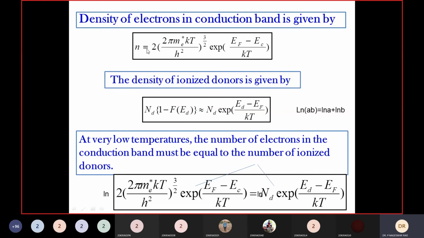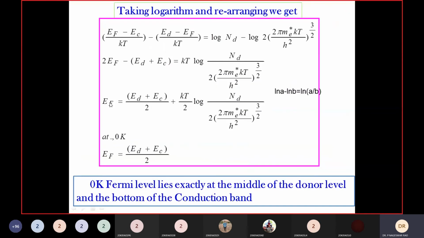Now we are equating both and applying the logarithm on both sides. If you simplify it, we can get the Fermi level, which is (Ed plus Ec) by 2 plus kT by 2 into the logarithm of some value.